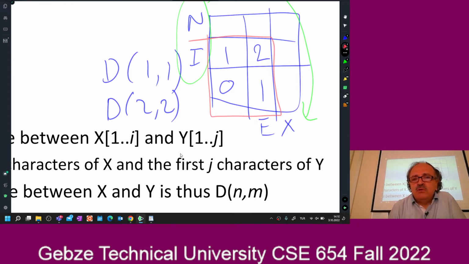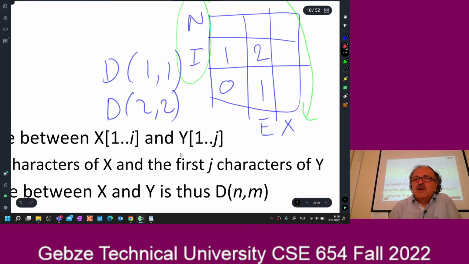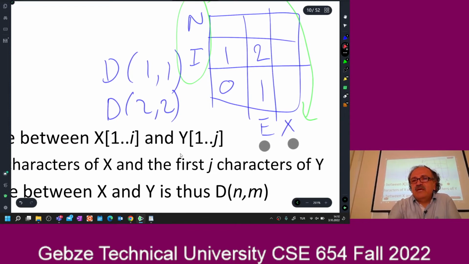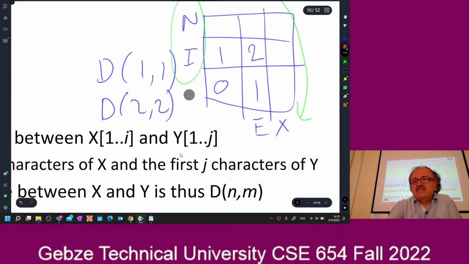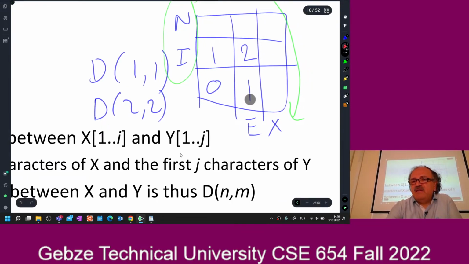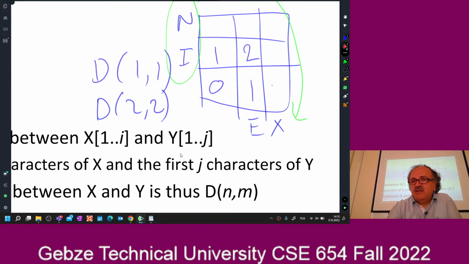Let's try to make it bigger, a little bit bigger. So how do you match a null string with EX? Okay, I already solved the problem of matching a null string with E. All I am going to do is add 1 to this number and make it 2, right? Use blue maybe.